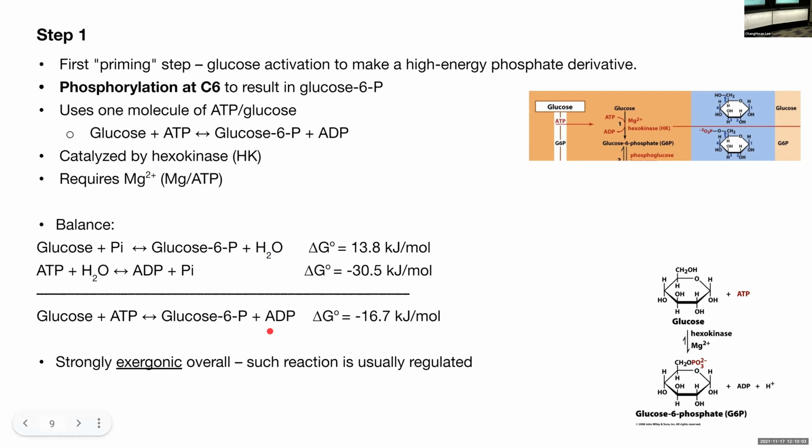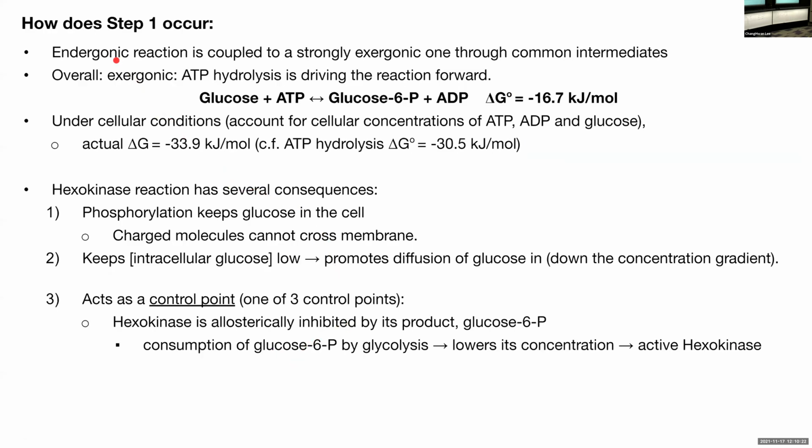So for such highly spontaneous or exergonic processes, there are always some regulation steps involved. This is a good point where regulation can play a role and make it a sort of checkpoint. So how does that occur?